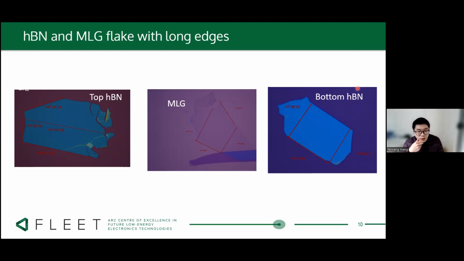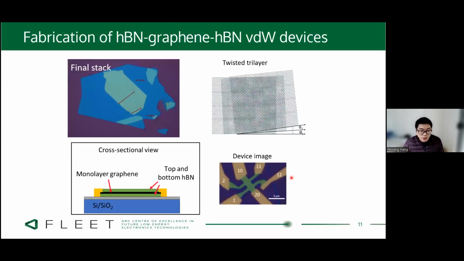The other difficulty is the contact. The technique we are using now is the edge contact, so it takes quite a lot of time to figure out the right recipe to expose the 1D edge of the graphene, a one-dimensional contact.